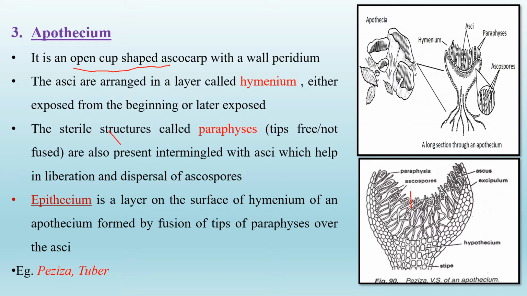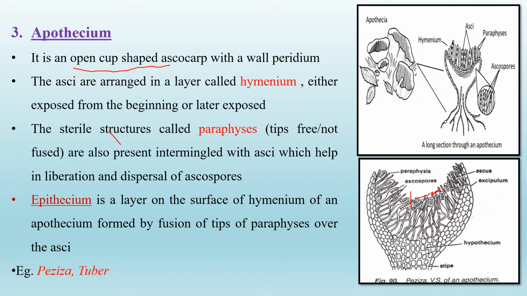Sterile structures are also present, known as paraphysis. These are the sterile structures. They may be free at the tips or fused, forming a cover-like structure covering this apothecium. The paraphysis helps in liberation and dispersal of ascospores.